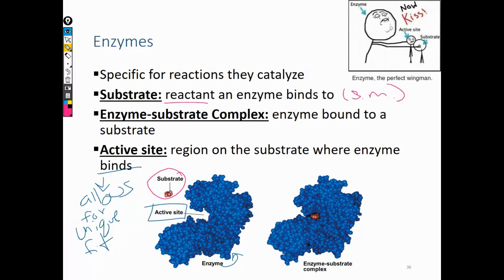This is the thing that we're going to carry, move around and help over the course of this reaction to start breaking down. So the substrate is going to go into and fit very neatly into that active site.